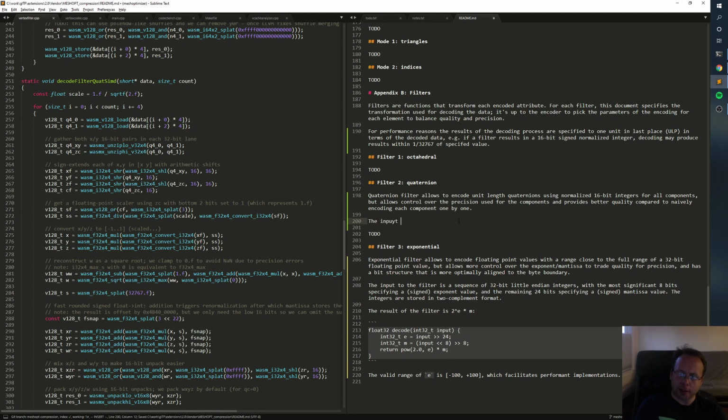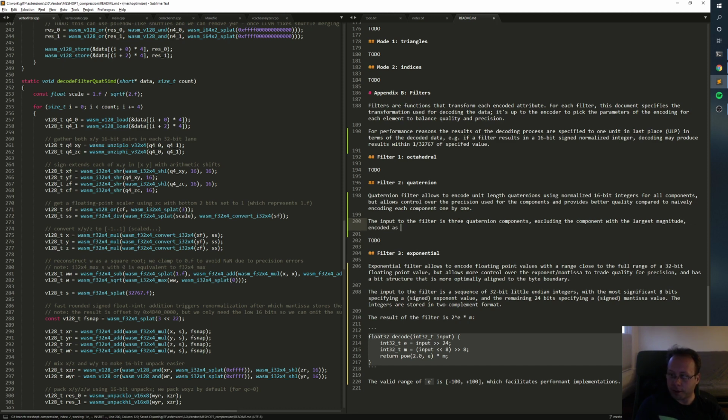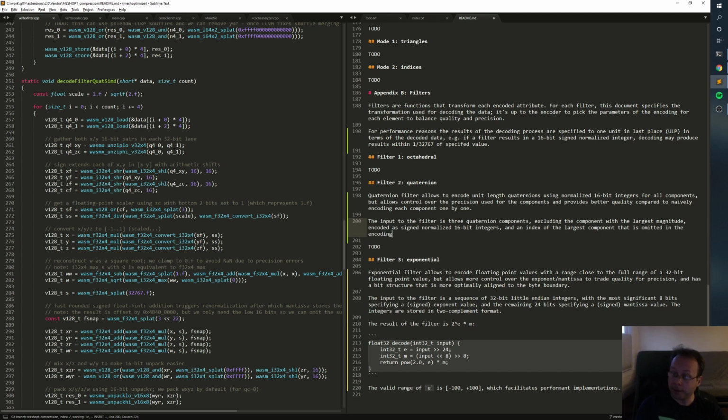Actually, I'm just going to say the input to the filter is 3 Quaternion components, excluding the component with the largest magnitude, encoded as signed normalized 16-bit integers, and an index of the largest component that is emitted in the encoding.